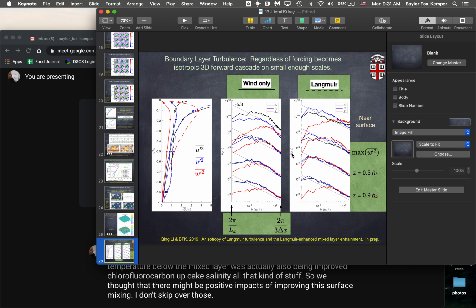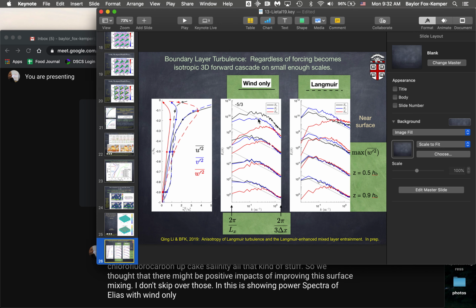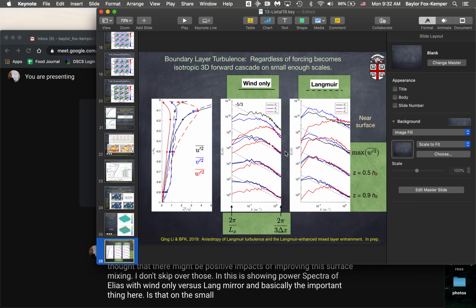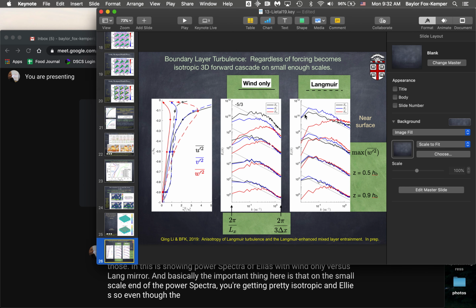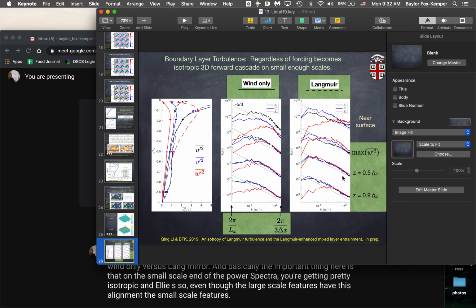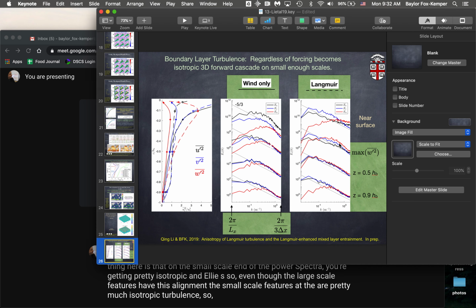This is showing power spectra of LES with wind only versus Langmuir. And basically the important thing here is that on the small scale end of the power spectra, you're getting pretty isotropic in LES. So even though the large scale features have this alignment, the small scale features are pretty much isotropic turbulence, at least not right at the surface, but a little bit below.